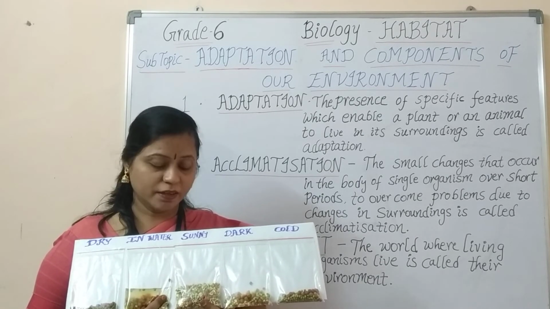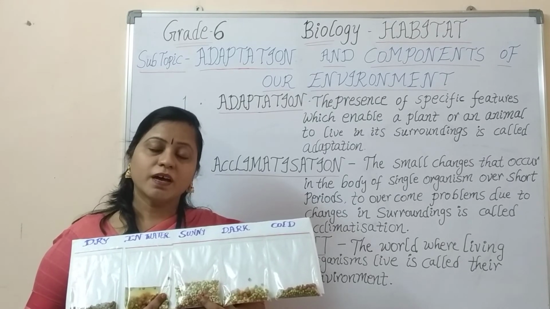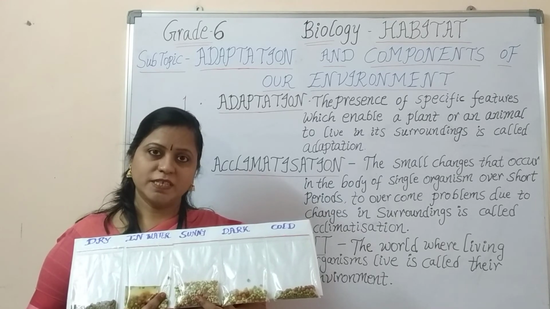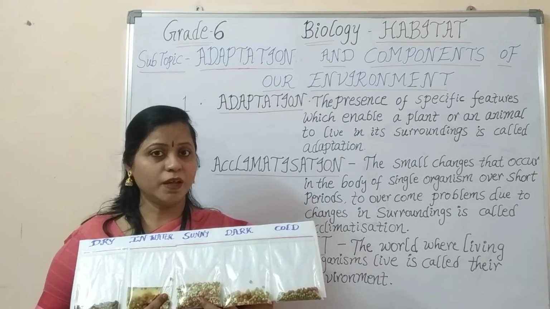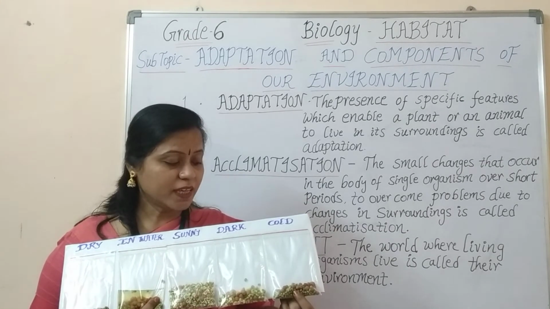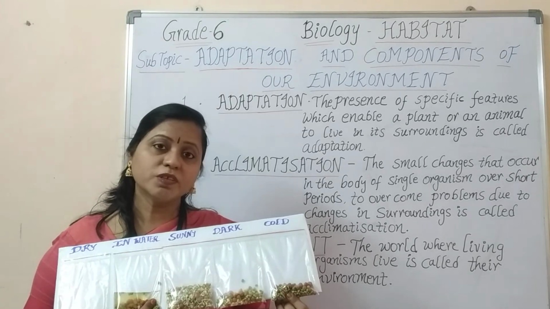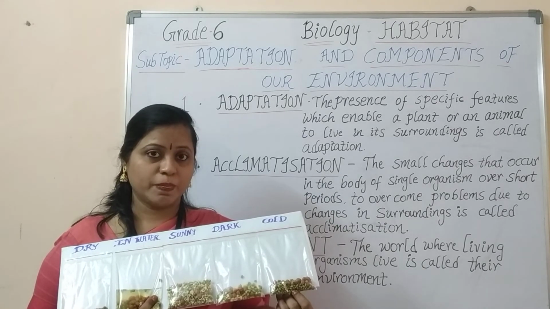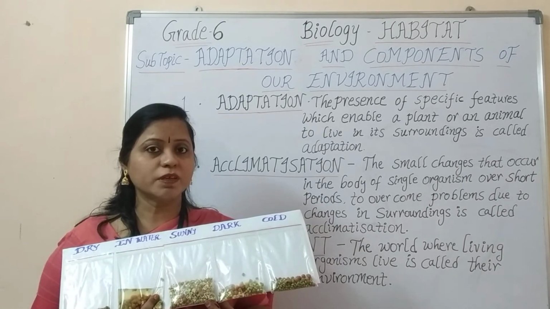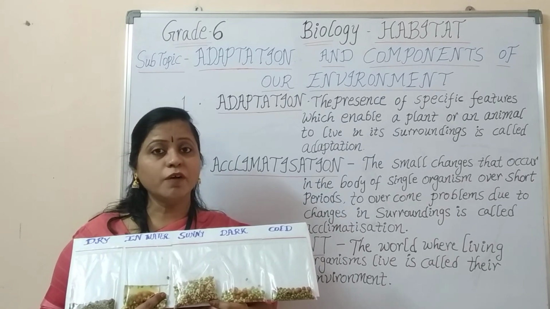Why? Because in the sunny room all the abiotic factors are available for the germination process and the growth of the plant. Whereas in the cold region the seeds are not germinating, or there is very slow germination in a few seeds because of low temperatures. So proper warmth or optimum temperature is also required for the growth of plants.